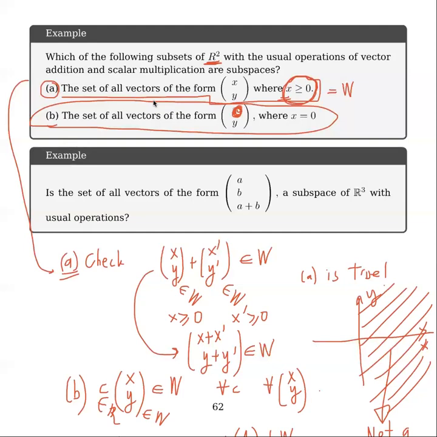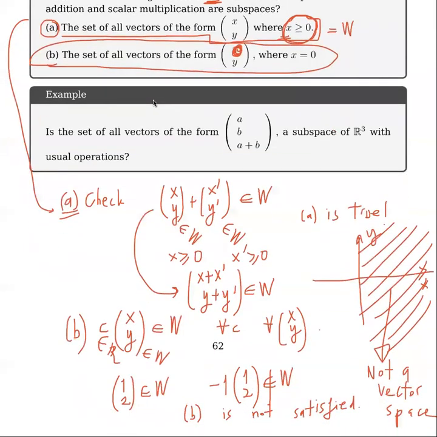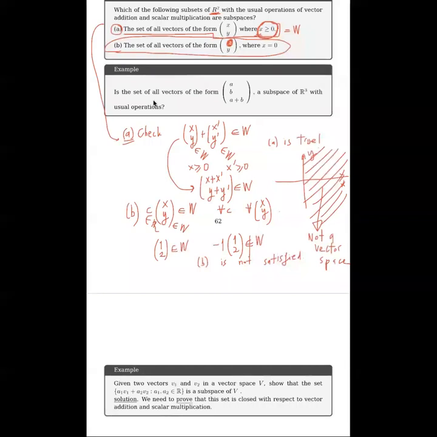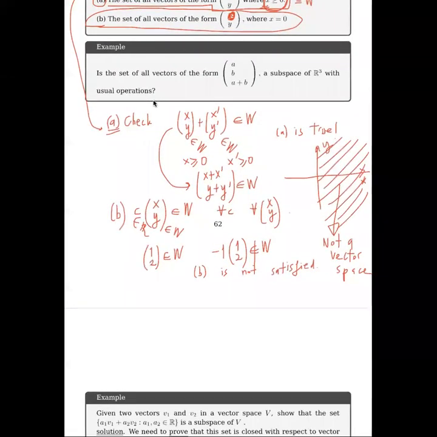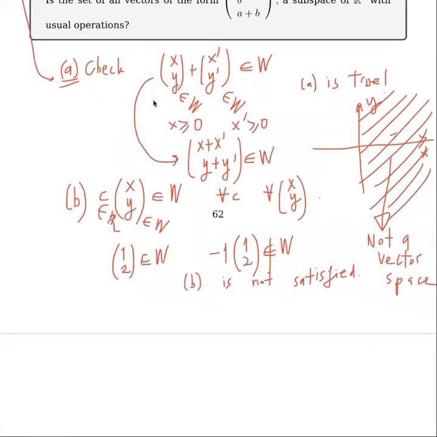And if you multiply any such vector whose first component is 0 with a scalar, the result will still have first component 0. So the second condition is also satisfied. So this is a subspace.